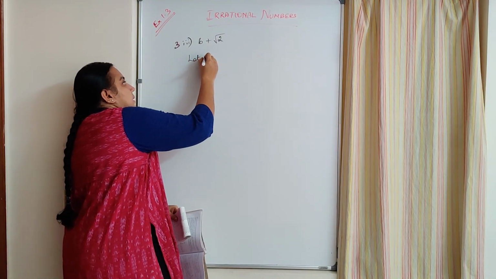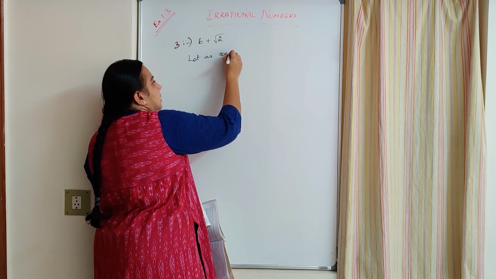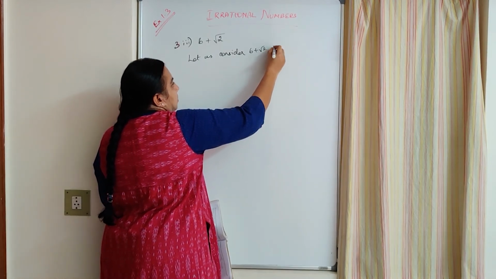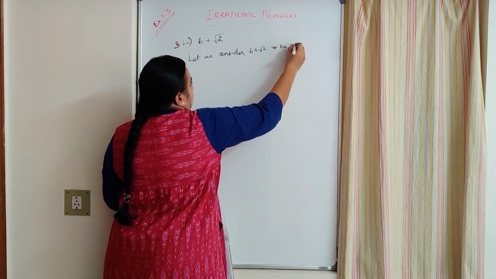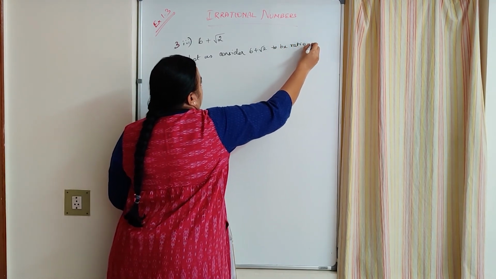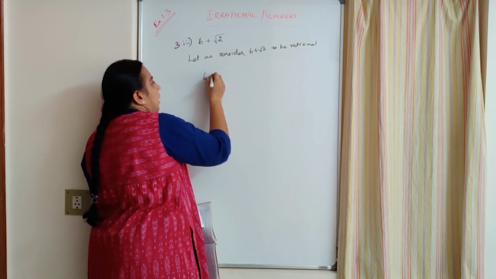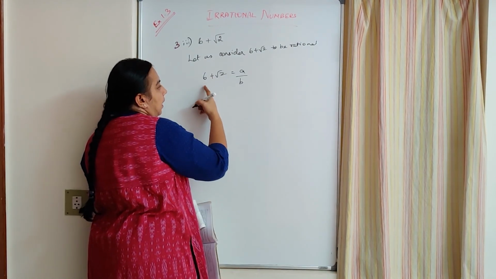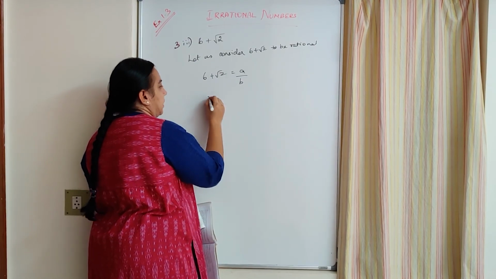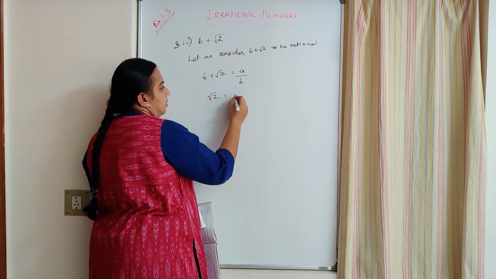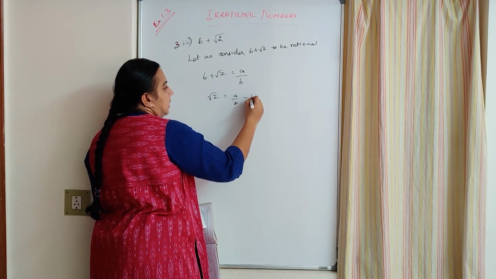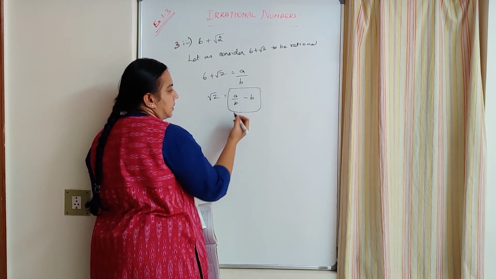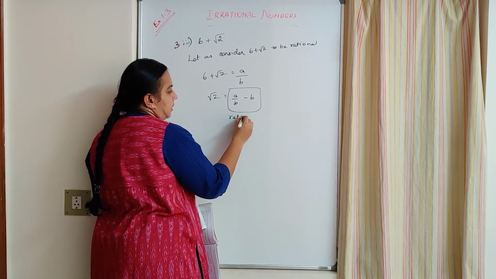Again, let us consider 6 plus square root of 2 to be rational. Okay. When I consider that, automatically I equate it to A by B. And I bring the 6 to the right hand side. I leave only the square root of 2 on this side. It becomes minus 6. Again, this whole thing is a rational number.